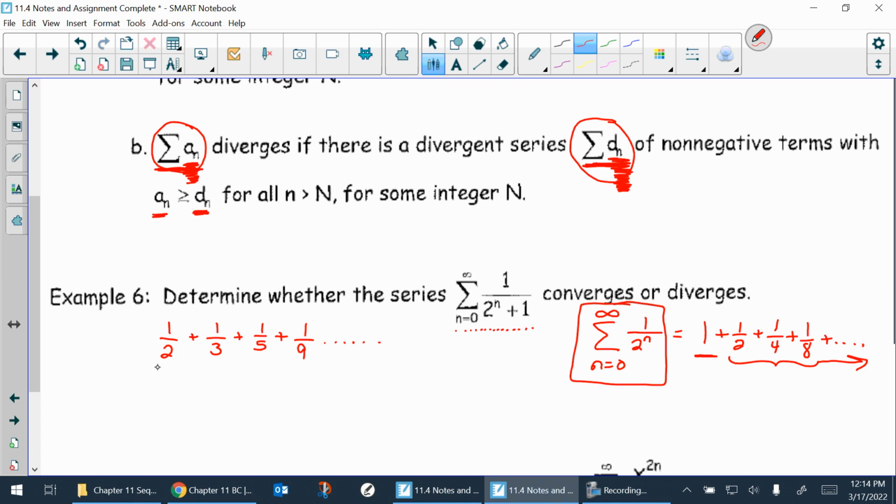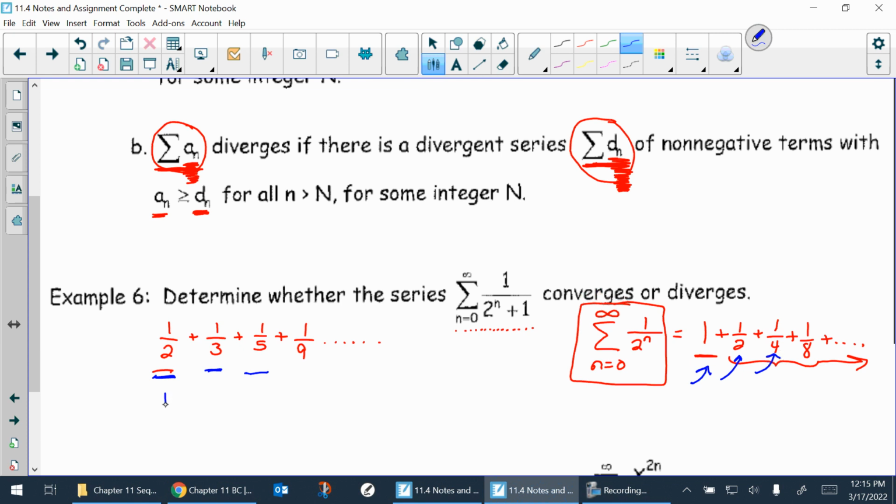And every term of my new series is smaller than the corresponding term of this one. The first term is smaller than the first term. The second term is smaller than the second term. The third term is smaller than the third term.